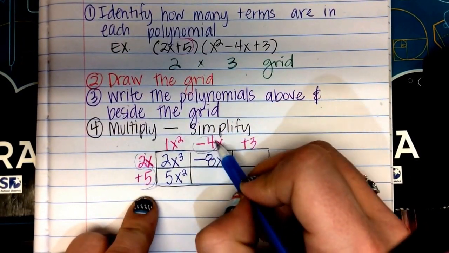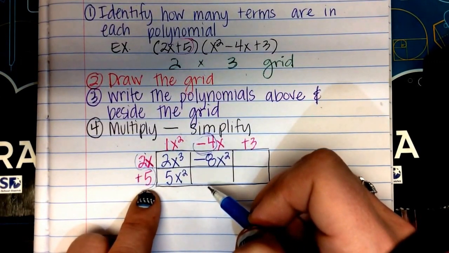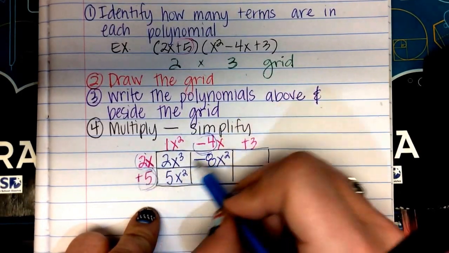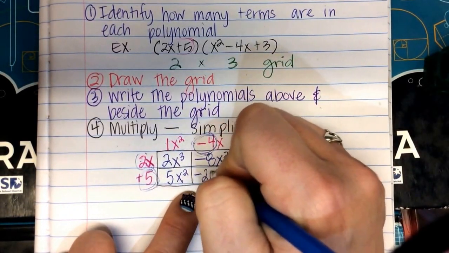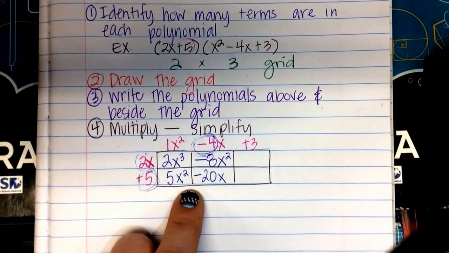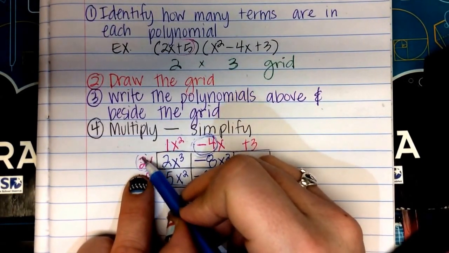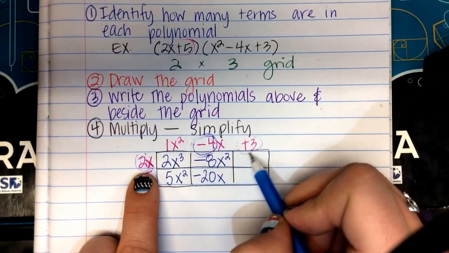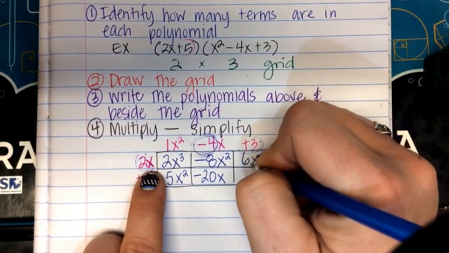5 times negative 4. Negative 20 with an x. Corbin. 2x times 3. 6 with an x.